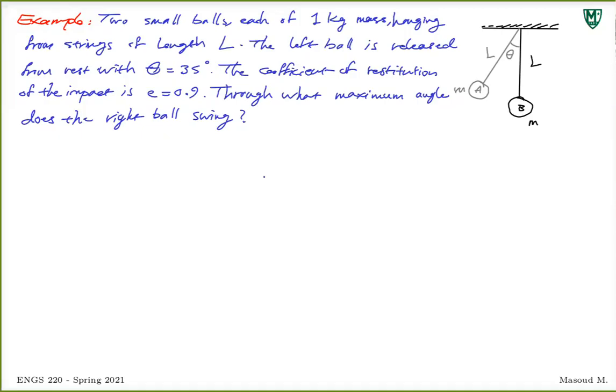Then again, using the principle of work and energy, knowing the velocity of B immediately after the impact, and assuming that it goes all the way up to some point that it stops, we have to find how high it goes to find that angle. So that's the general idea: principle of work and energy, impact, principle of work and energy. I'll go over it a little quickly, but that's the general story.